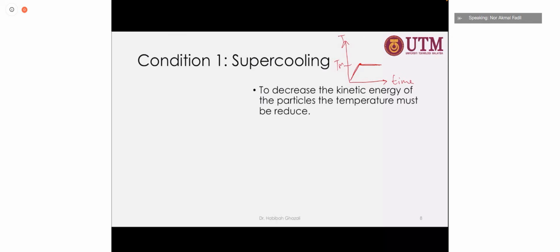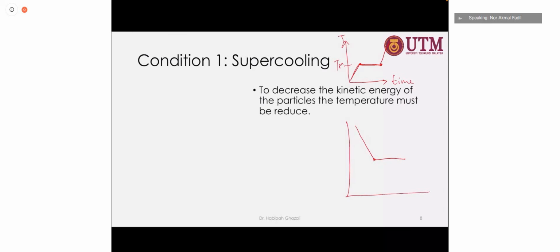What happens is the energy is transferred into kinetic energy, so the atoms break the bonds, and after that the temperature can increase.